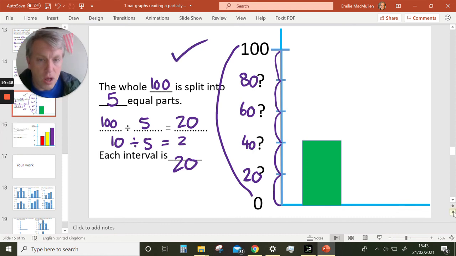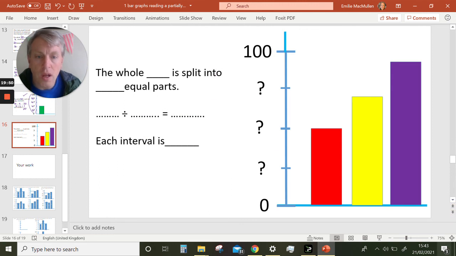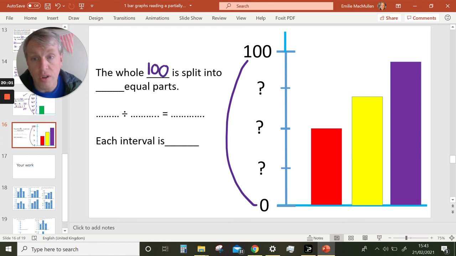Okay, last one. So remember, how many is it from 0 to 100 altogether? Well, that's 100, the whole 100. How many intervals? How many increments? 1, 2, 3, 4.